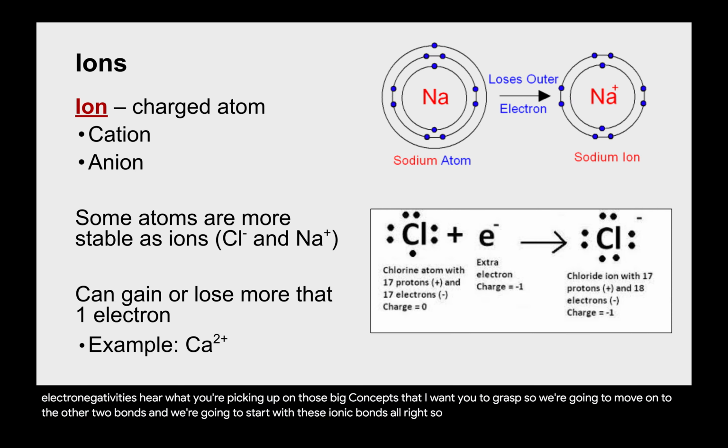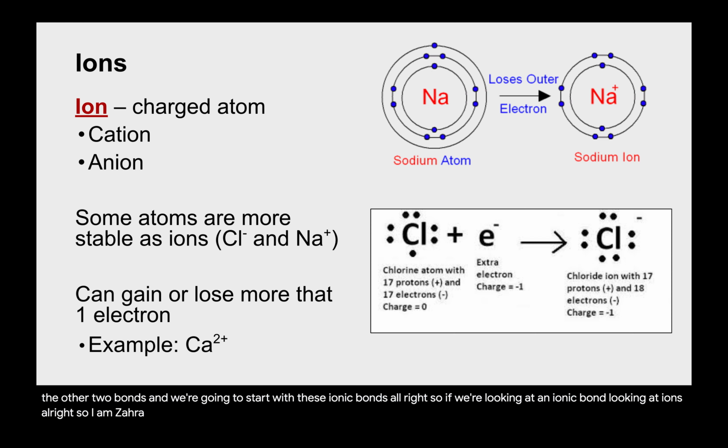All right, so if we're looking at an ionic bond, we're looking at ions. Ions are atoms that have a charge because they've either lost or gained additional electrons.